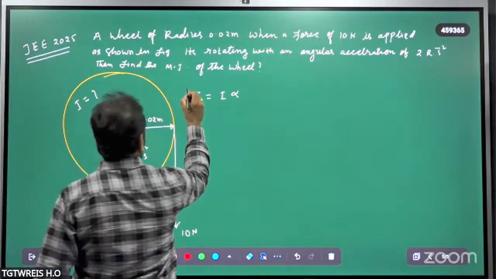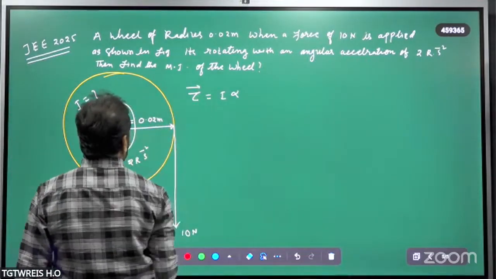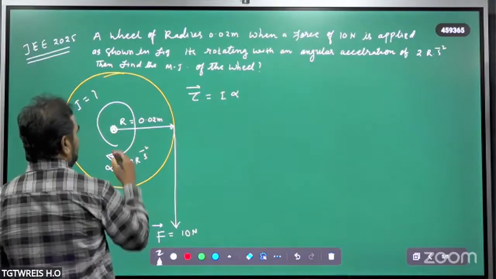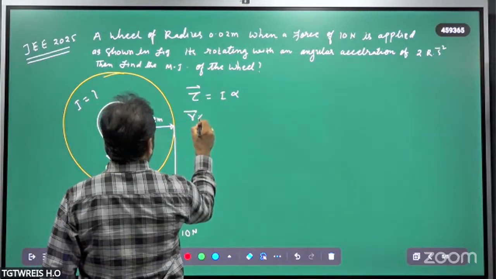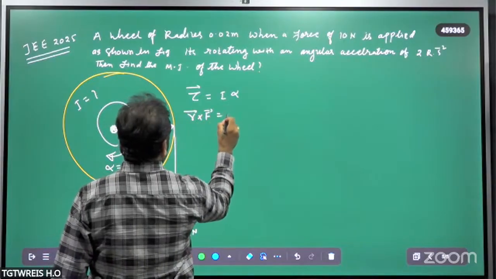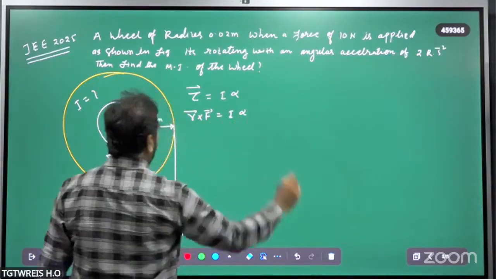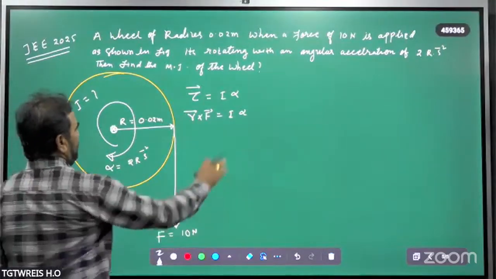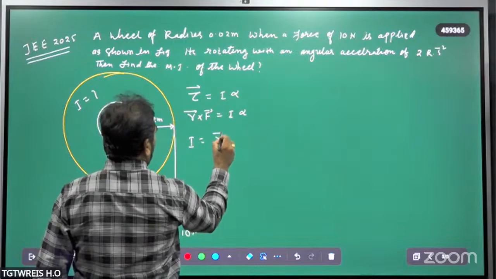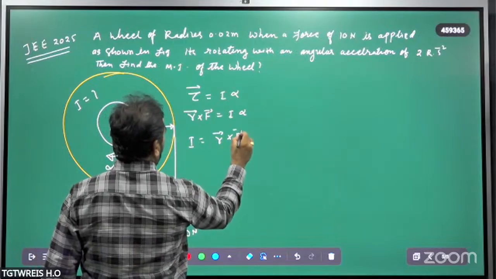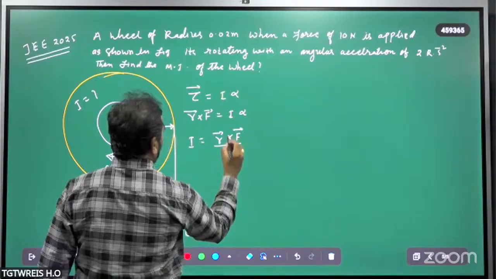Torque is nothing but the product of force and perpendicular distance. So force times perpendicular distance is equal to I alpha. From this we calculate the value of I. I would be equal to R cross F upon alpha.